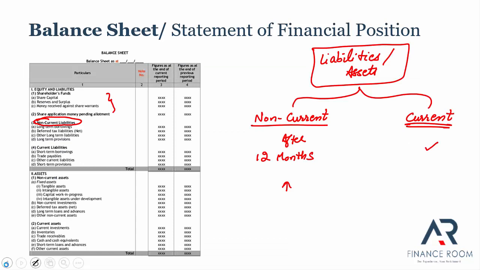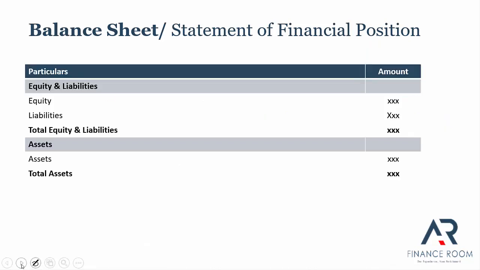This is as per the accounting standards, accounting framework. This is how we will use it in our financial modeling and valuations. So you have equity and liabilities. We will make the equity component, then enter the liabilities, then assets and total assets. Liabilities will bifurcate into non-current and current. Assets again will be bifurcated into current and non-current.